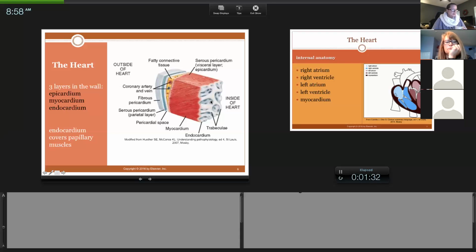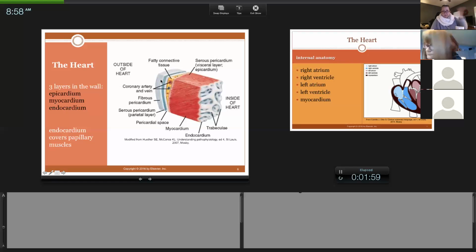And then the most inner is the endocardium. Just like I talked about endosteum and periosteum on a bone, the endocardium is the most inner layer. They kind of have these little channels or little holes called trabeculae. So endocardium, myocardium, and then on the outside you've got epicardium, then a space, then pericardium.